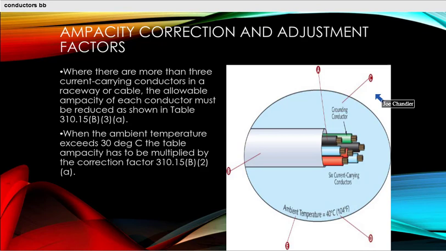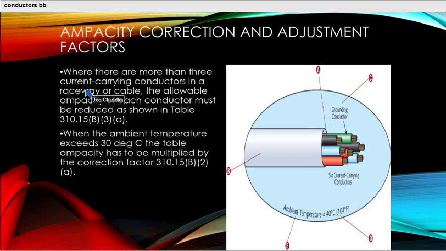More than likely, you will increase the number of conductors in the raceway, more than 3. More than likely, the surrounding temperature of the conductor will increase instead of decrease. So whenever either one of these conditions or both occur, then we have to look at 2 tables, 310.15(B)(3)(a) and 310.15(B)(2)(a).